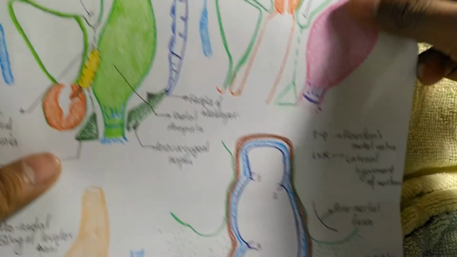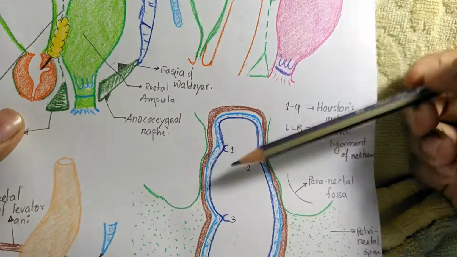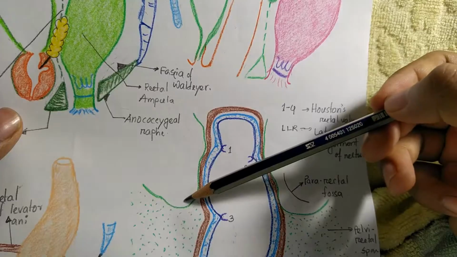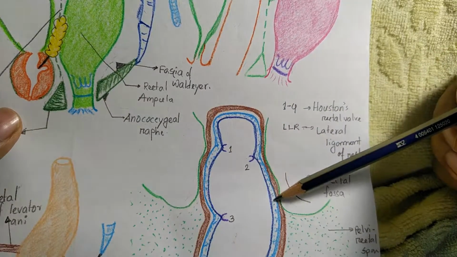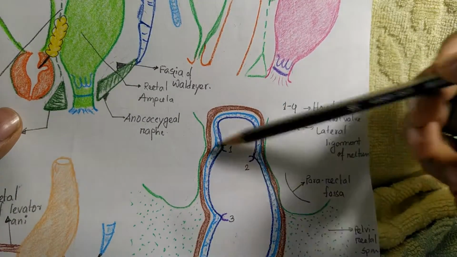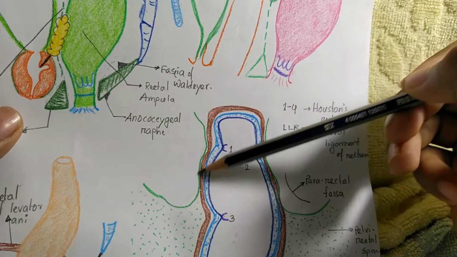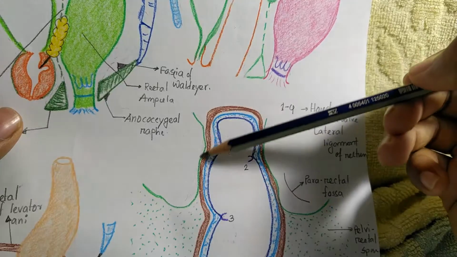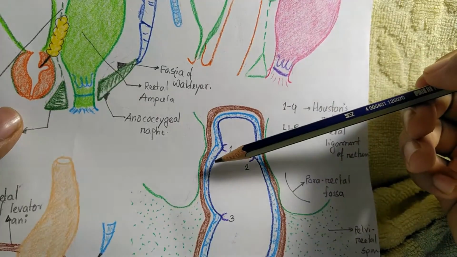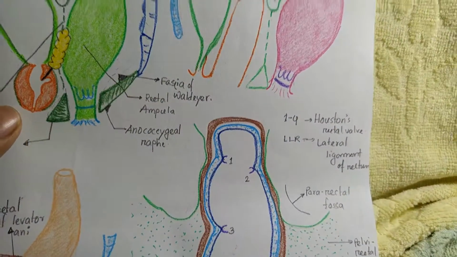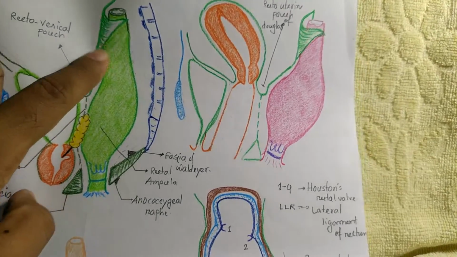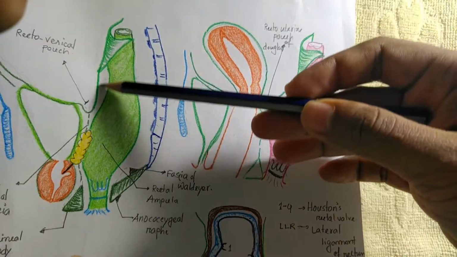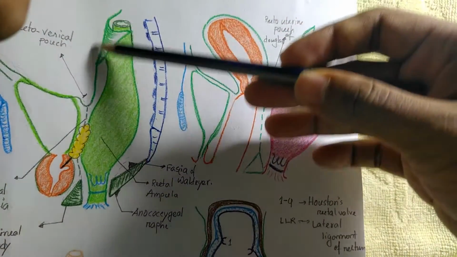This is the left side, this is the right side, so it is only present in the upper 1/3. The peritoneum is reflected right and left in the upper 1/3 of the rectum, but anteriorly it is present up to 2/3 of the anterior surface.